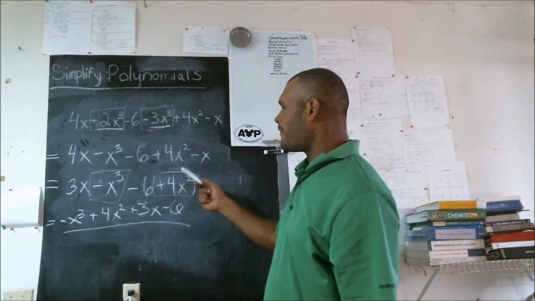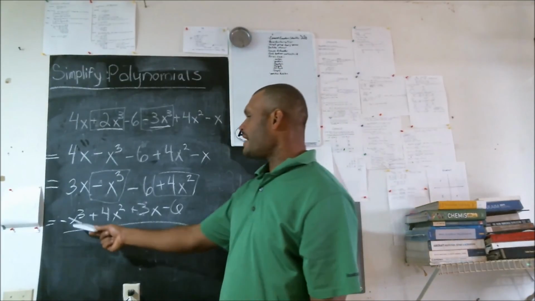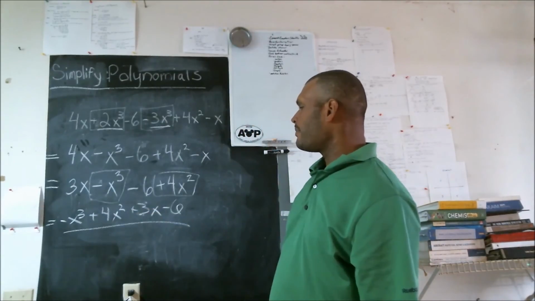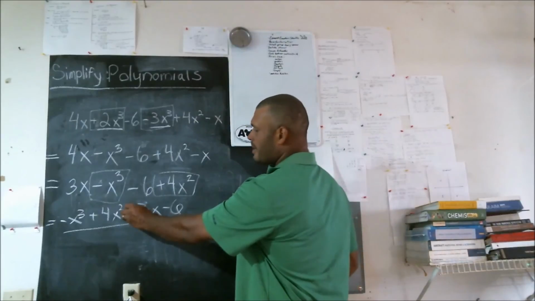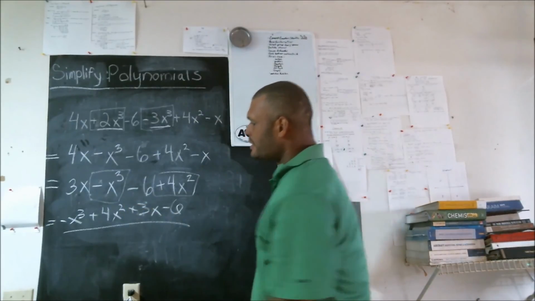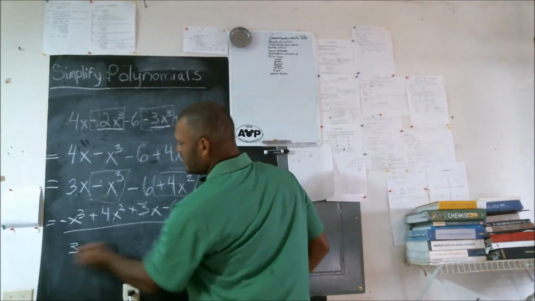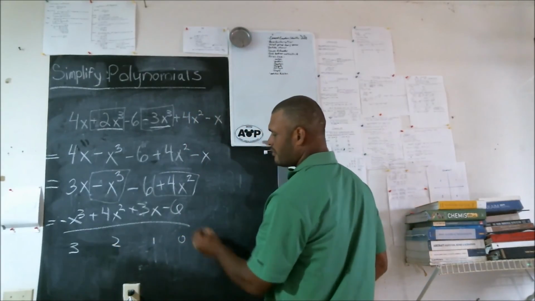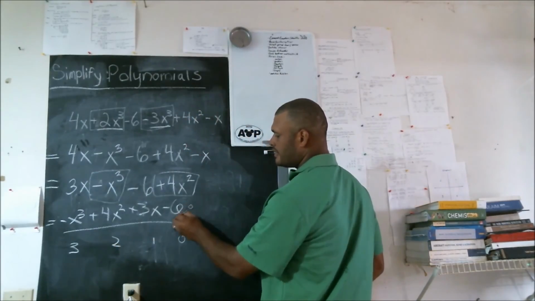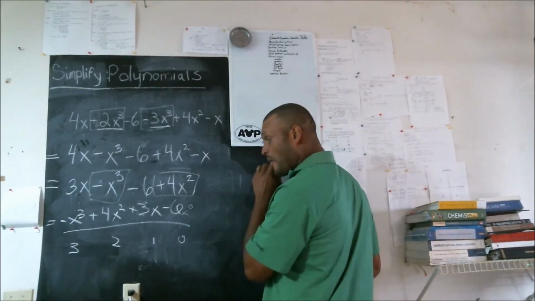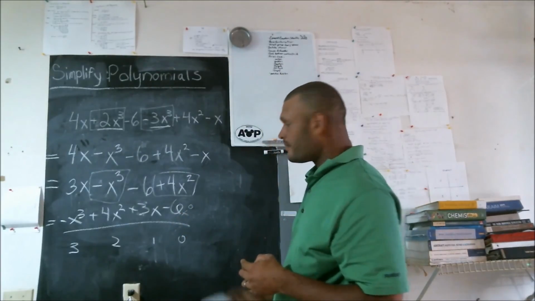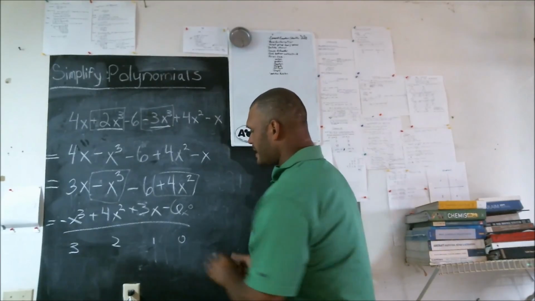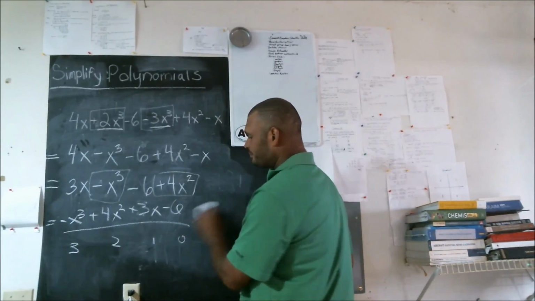Then we further rearranged that to negative x cubed plus 4x squared plus 3x minus 6. I don't know if you can see this, but the exponents go 3, 2, 1, 0, right? Because if we put an x to the 0 here, whatever x is to the 0 power would always equal 1, so we'll still have that negative 6.